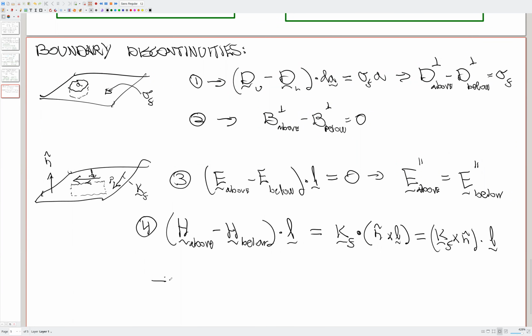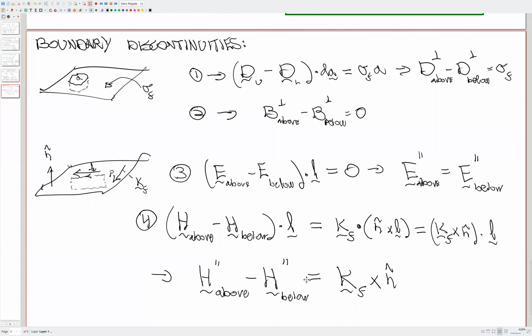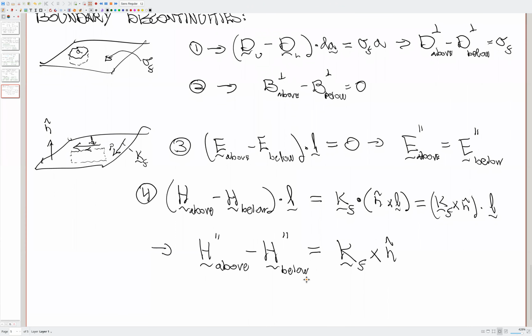So therefore, that gives me the condition that the parallel component of the magnetic field H above minus below, the discontinuity in the parallel component of H, is proportional to the enclosed free current density, K free cross n hat, where I'm just putting n hat as the normal to the surface. Okay, so these are generally valid at any boundary.